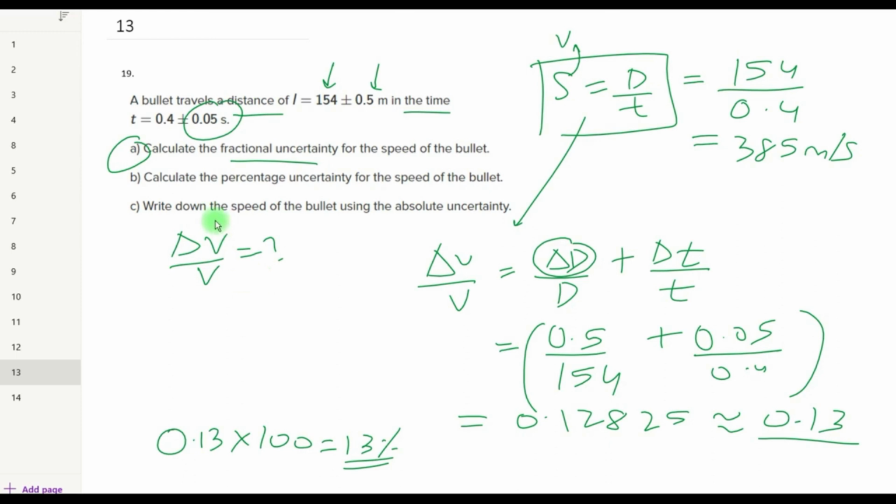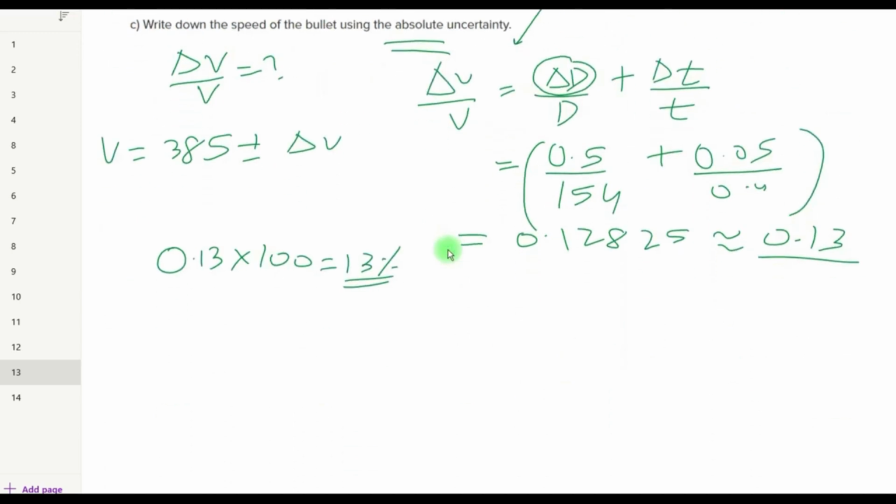So 13% is the percentage uncertainty. Part C is to write down the speed of the bullet using the absolute uncertainty. This is the key word here. The speed of the bullet would be 385, which we already found out, plus or minus the absolute uncertainty. Since the fractional uncertainty was 0.13, delta V over V is 0.13, where delta V stands for the absolute uncertainty.